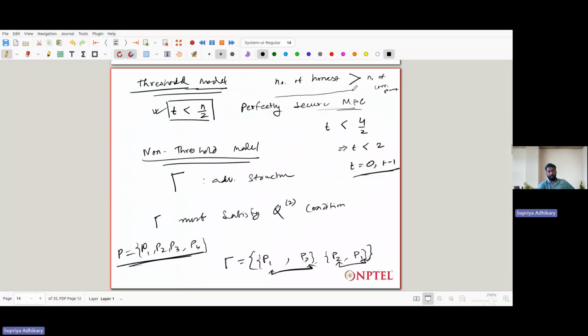So this was an honest majority case. But in this particular example, if P1 and P3 are the corrupt parties, then P2, P4 would be the honest parties. Therefore, the number of corrupted parties equals the number of honest parties in this case. So we can have such cases for the non-threshold model. So this is also true.